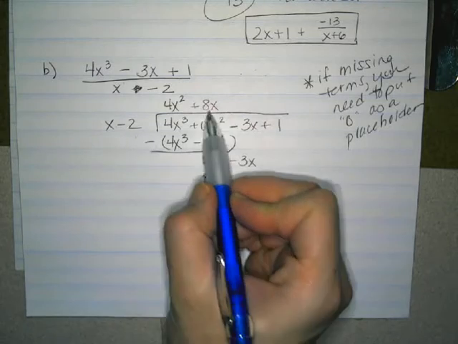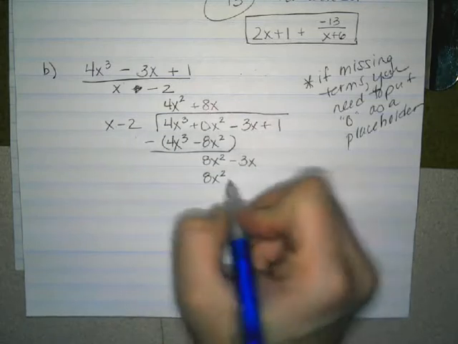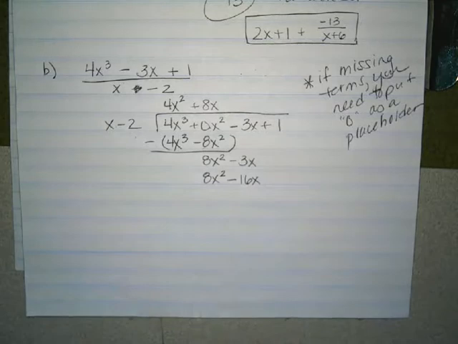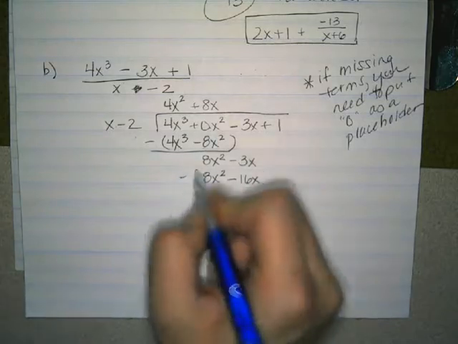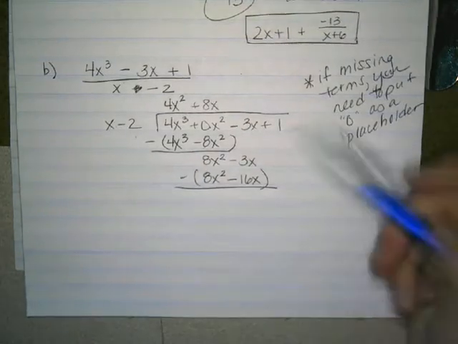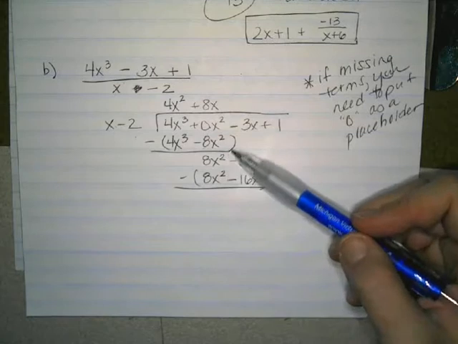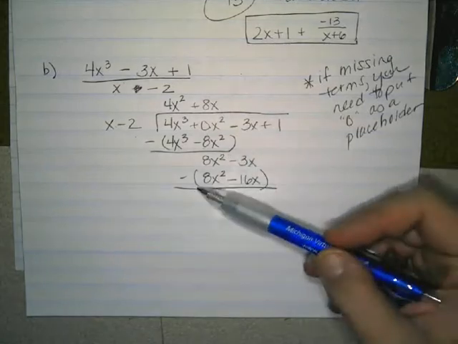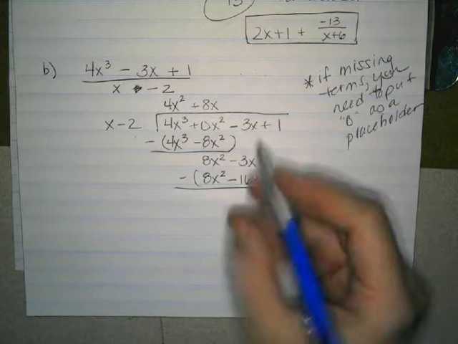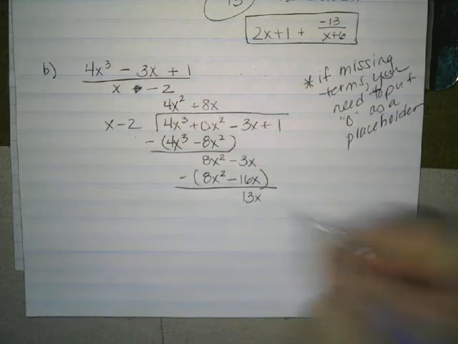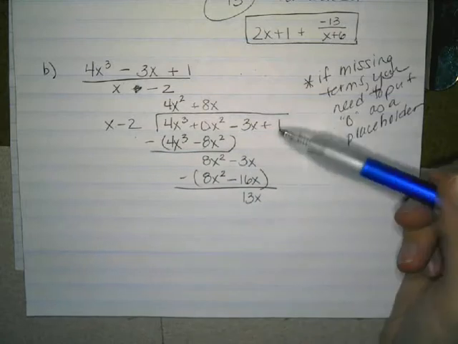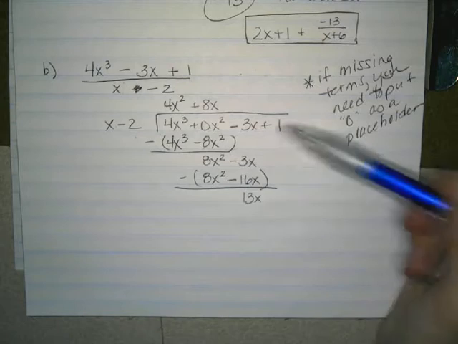So 8x times negative 2 is negative 16x. And then you subtract. First terms cancel. And negative 3 minus a negative 16 would actually be positive 13x, because the two negatives would make a positive. Then you bring down the 1.